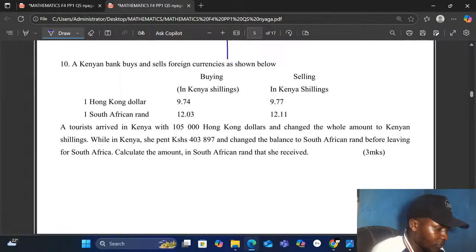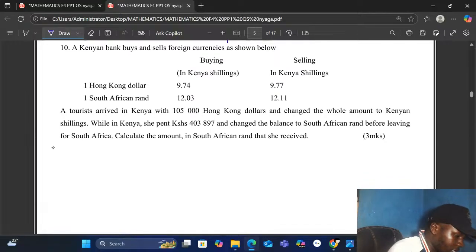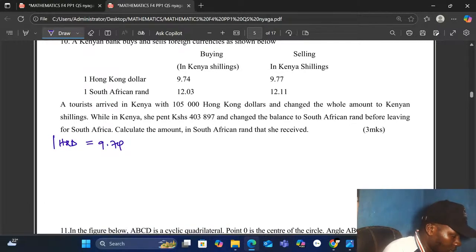Now, first of all, this tourist arrived in Kenya with 105,000 Hong Kong dollars. Now we have to change these dollars to Kenyan shillings. Now we know that one Hong Kong dollar will give us now 9.74. We shall use the buying column. Then she arrived with 105,000 Hong Kong dollars.